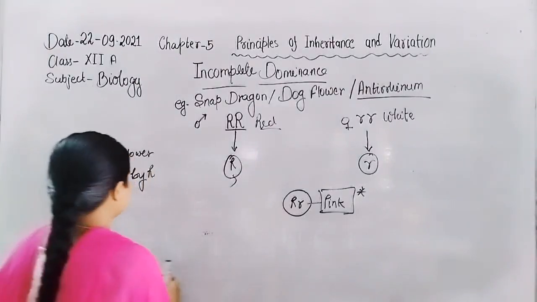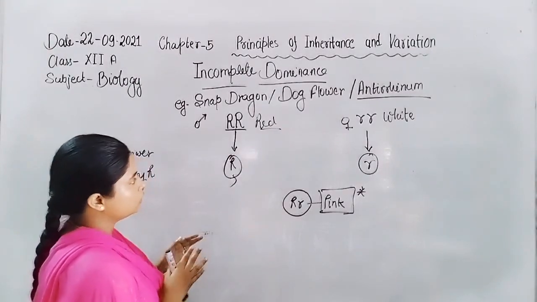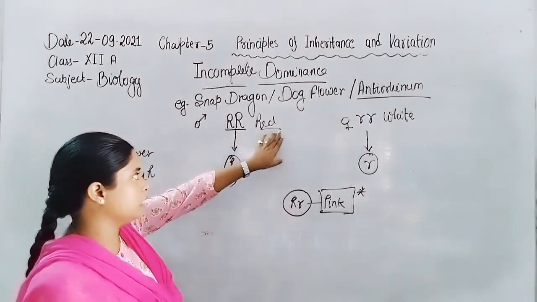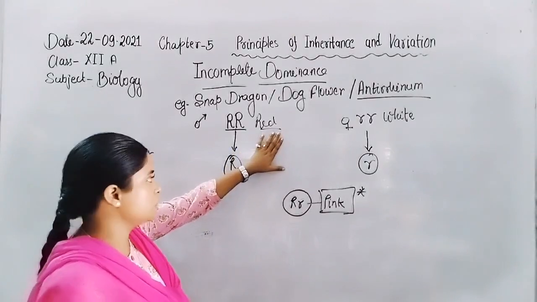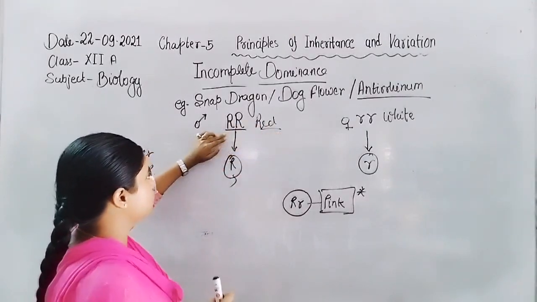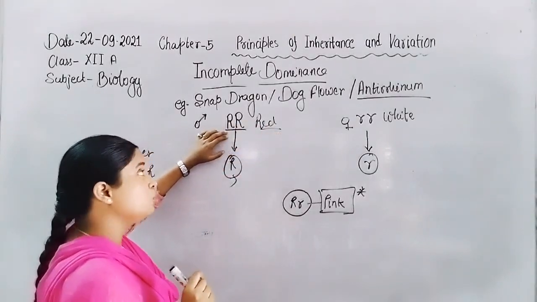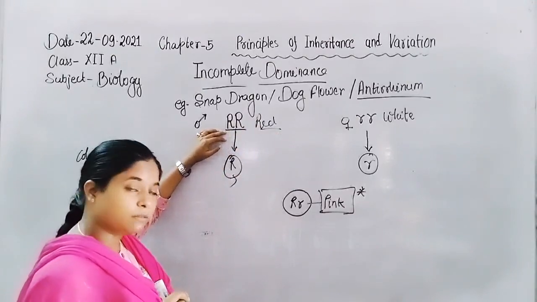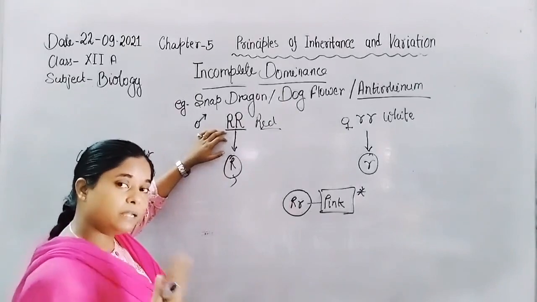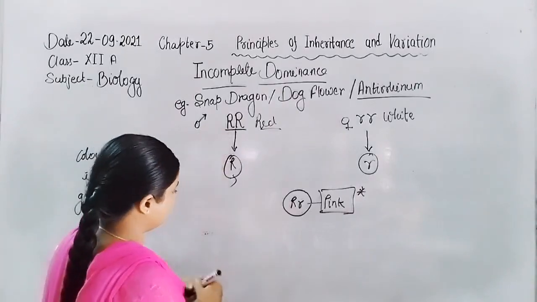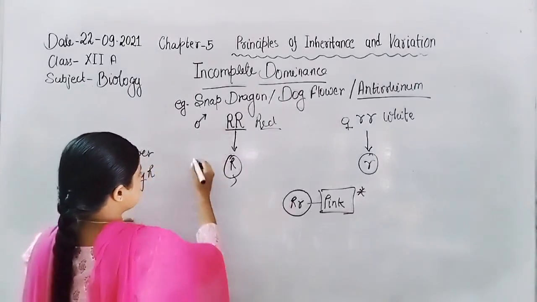How does this process take place? If a red flower producing plant has both alleles in its genetic material, that is, capital R, both present, then both alleles will synthesize the enzyme.